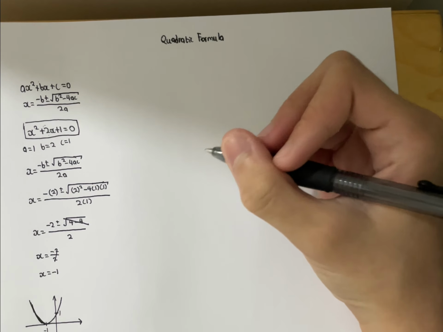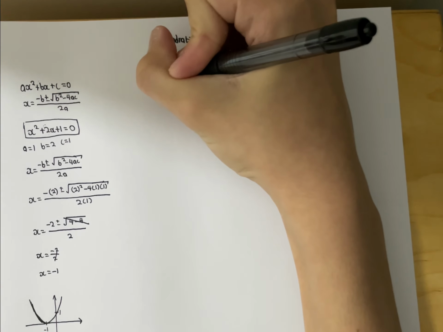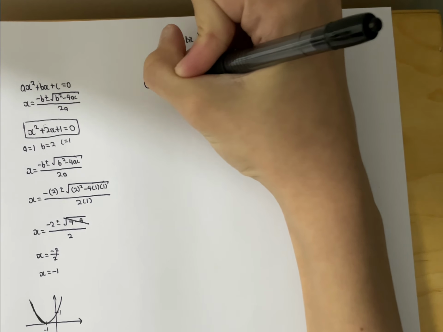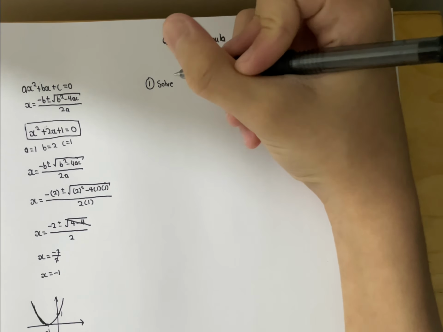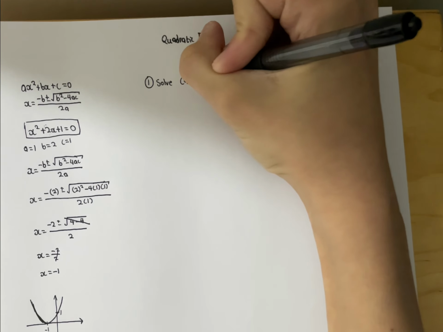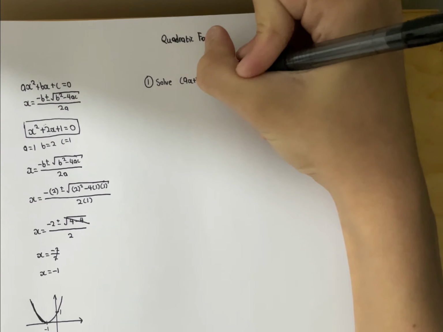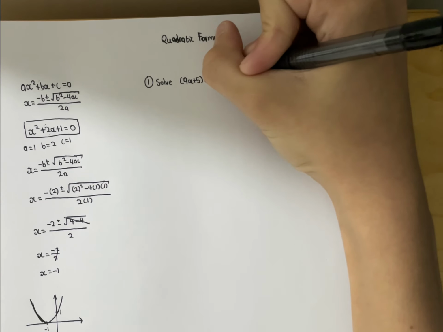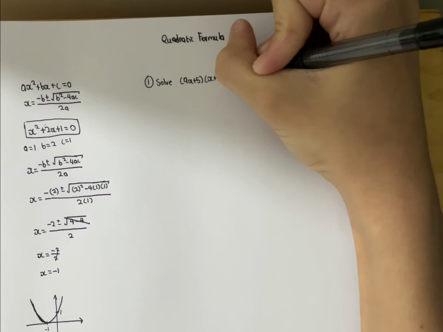Okay, so let's do a problem. Let's solve this one. So number 1, solve (9x + 5)(x + 2) = 0.